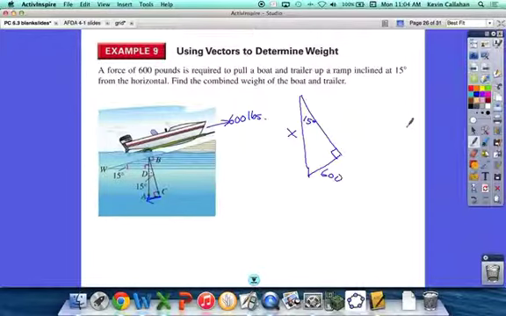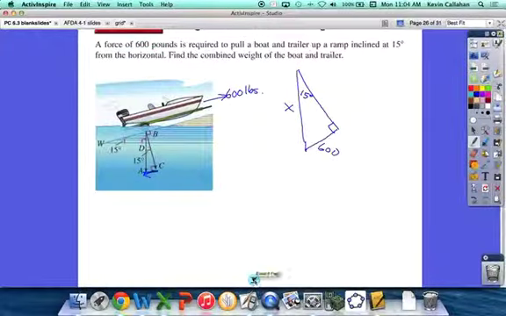So which trig function can I use to solve for that side? With respect to this angle, this is opposite and hypotenuse. Which function is it? Sine. So you're going to say the sine of 15 degrees equals 600 over x.